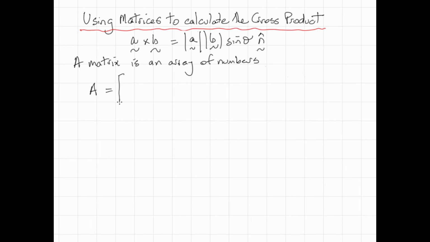We use square brackets, and we'll just go A, B, C and D. So that might be 3, 2, -1, 0. So an array of elements go to make up a matrix. This is called a square matrix because we've got 2 rows and we've got 2 columns.